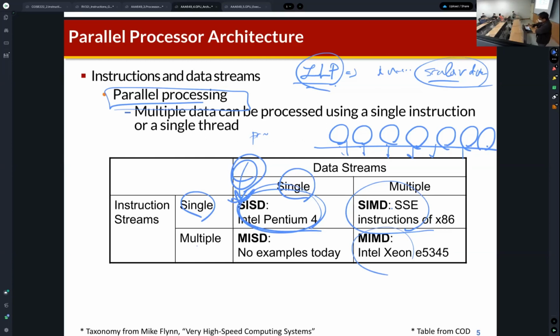But if this data is handled by independent instructions, this is the MIMD model.